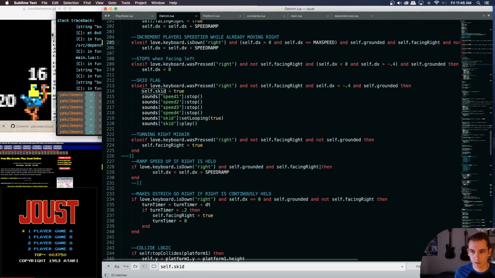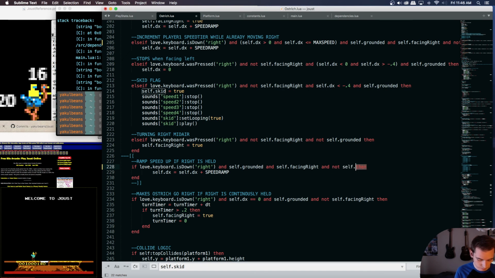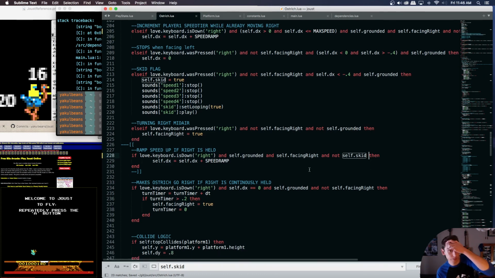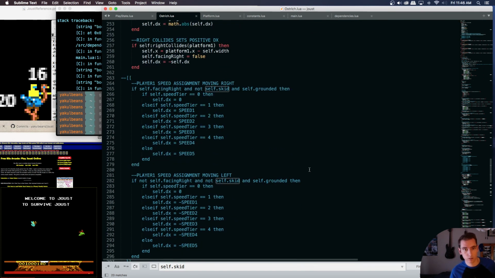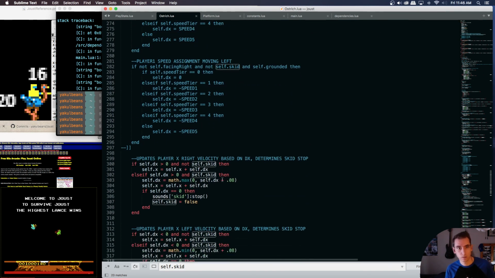And then, okay. Because if we are skidding and our dx is positive, then we're going to shift it. So maybe that'll fix our infinite skidding.